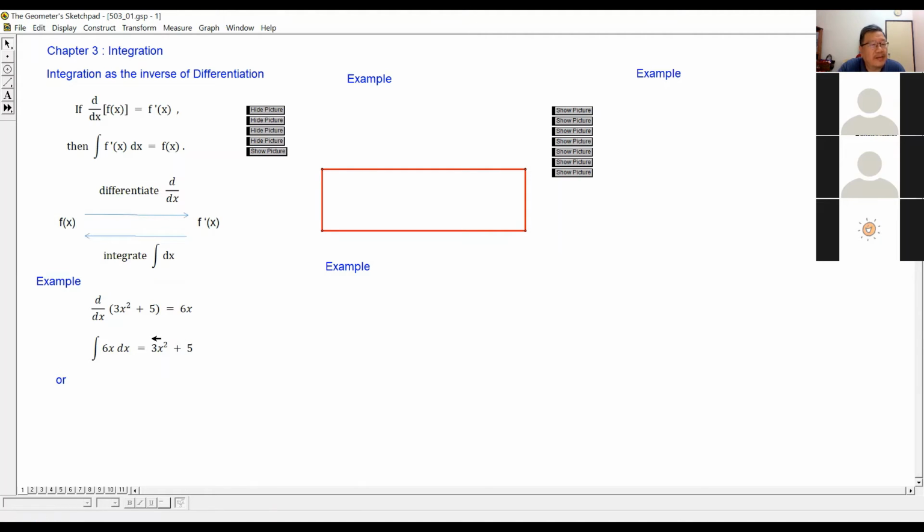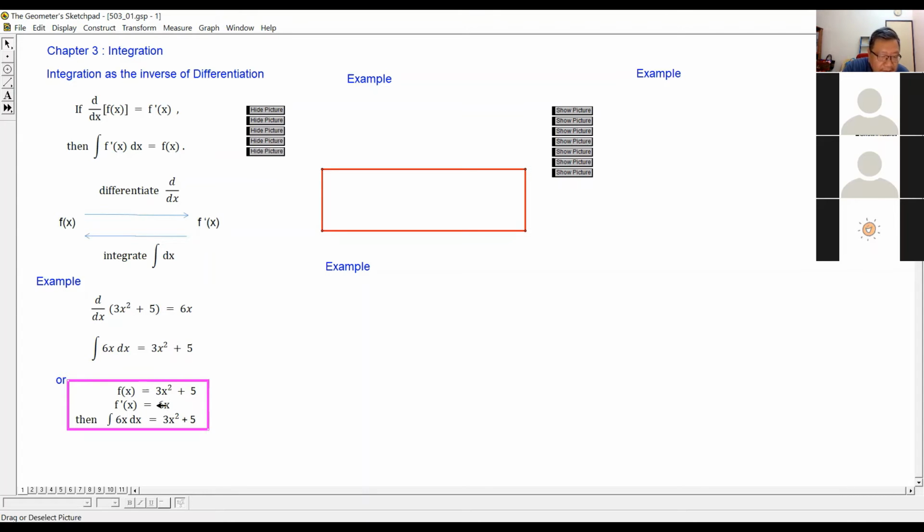So the first example is this. You differentiate 3x squared plus 5, you get 6x. You integrate 6x with respect to x, you get back 3x squared plus 5. Or if you want to write in the f(x) form, f(x) is 3x squared plus 5. F prime x is 6x.